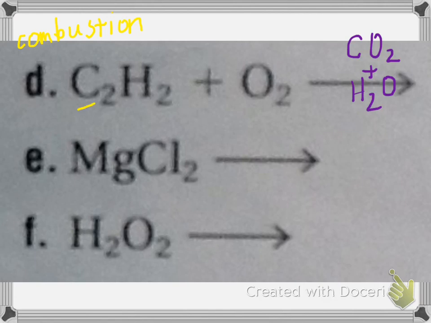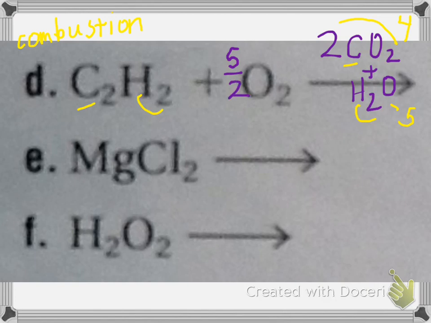Balancing this, 2 carbons, 1 carbon, so we need a coefficient of 2 in front of carbon dioxide. 2 hydrogens, 2 hydrogens. So we have 2 times 2 is 4 oxygen here, plus 1 more makes 5. So that's an odd number. So I'm going to do the little 5 over 2.